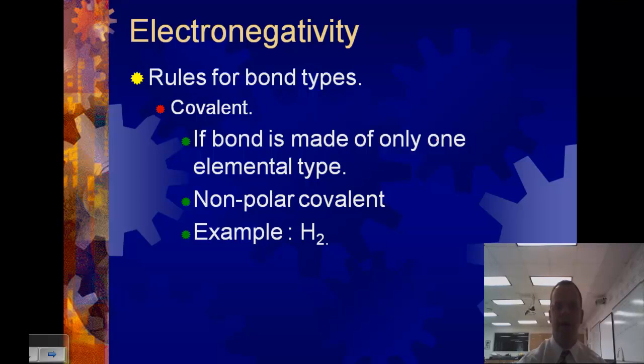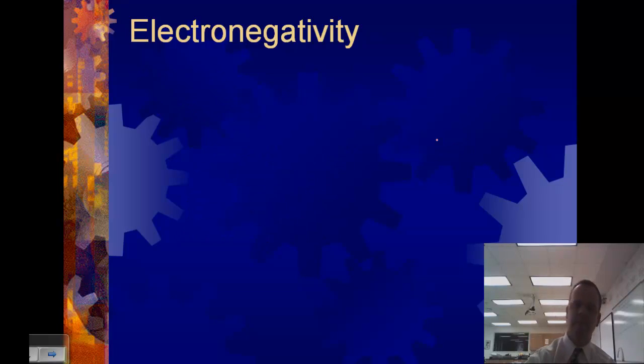These are the cases where one of the same element is bonded to another of the same element. We refer to this as nonpolar covalent. The diatomics are a great example of this. But you can have in a larger molecule a pure covalent bond between carbon atoms, nitrogen atoms, anytime you have two of the same nonmetal bonded together.